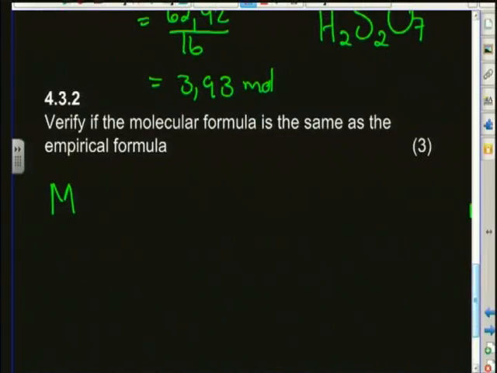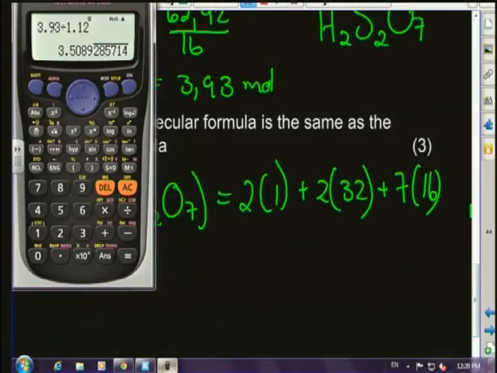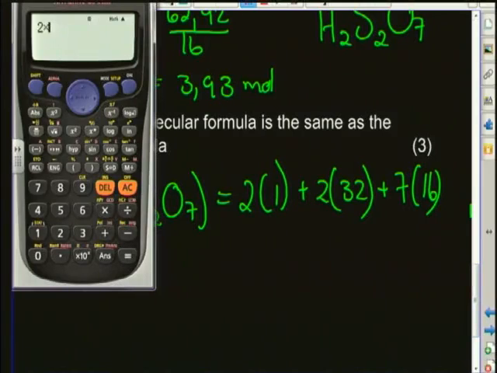So, the molecular mass of H2S2O7: 2 times 1 for the hydrogen, 2 times 32 for the sulfur, and 7 times 16. I really want you to see that I'm not actually making these up. Sometimes going slower is a very good idea.